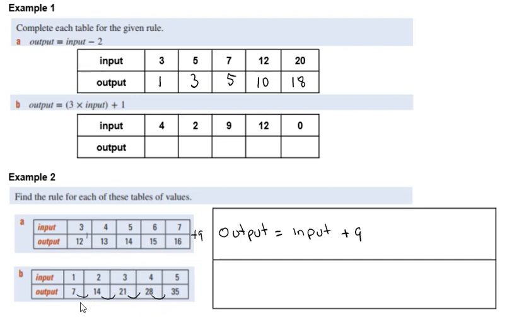And you can see that the pattern is it goes up by 7s each time. So 1 times 7 is 7, 2 times 7 is 14, 3 times 7 is 21, 4 times 7 is 28, and so on.